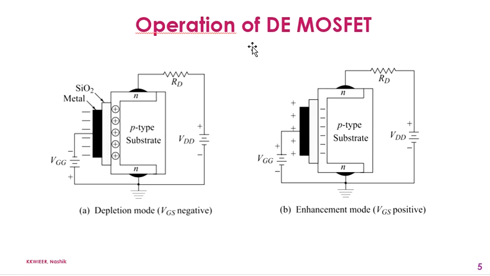So if you can visualize a capacitor having two parallel plates, consider one plate is this gate terminal and another plate is nothing but our channel, and this SiO2 layer will act as a dielectric or the insulating layer in between these two plates of the capacitor.